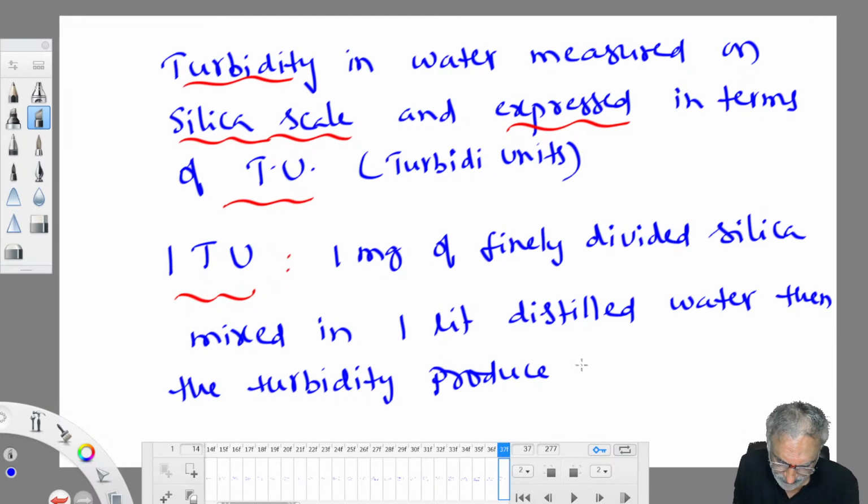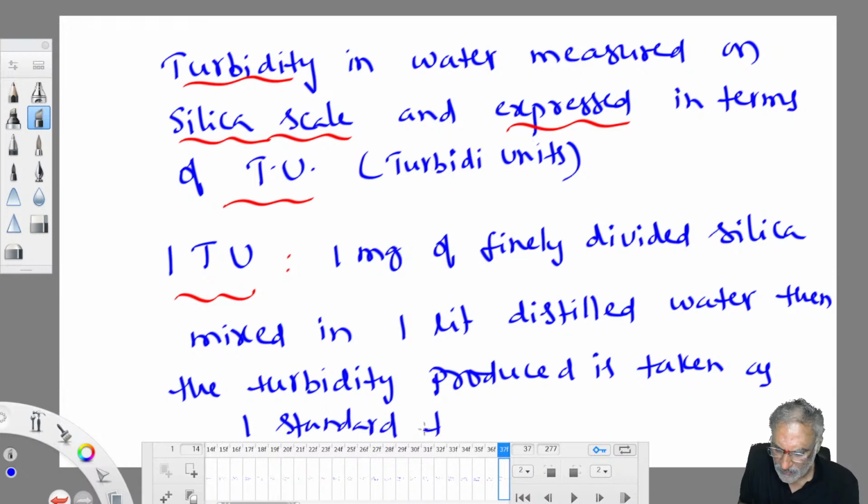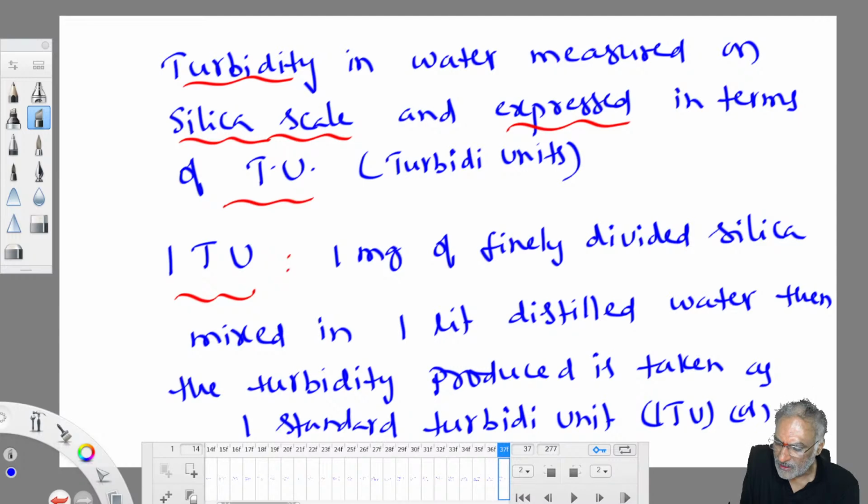Like that. 1 standard TU, or 1 milligram per liter, or ppm.